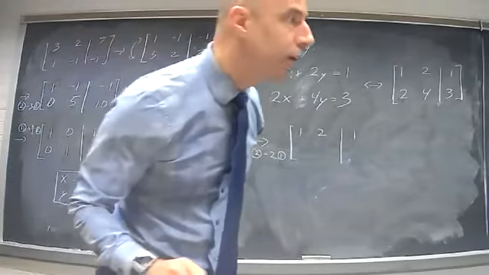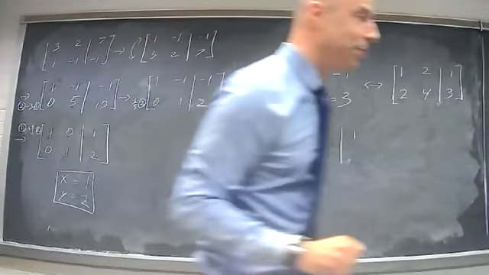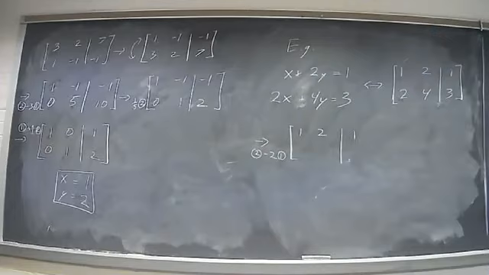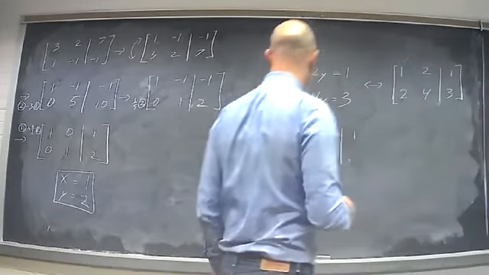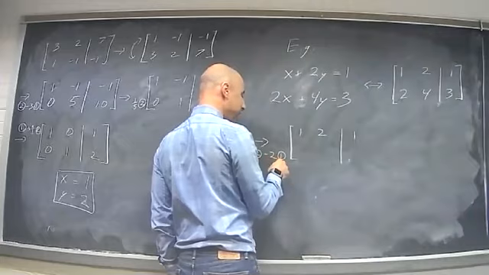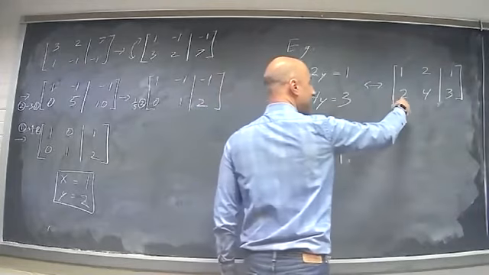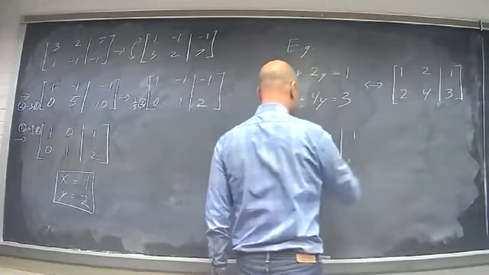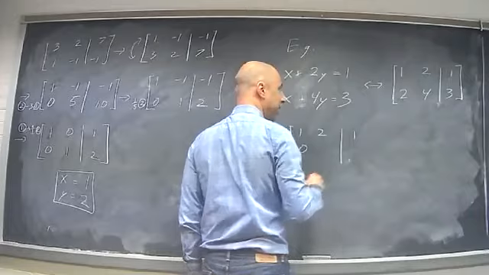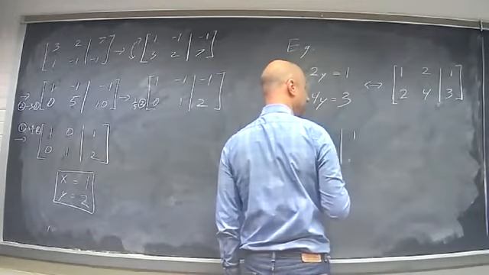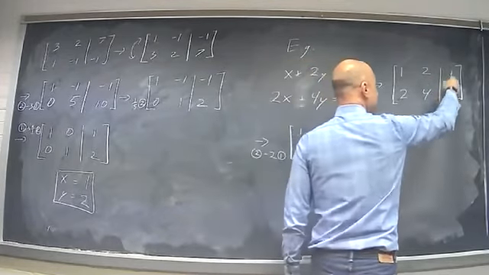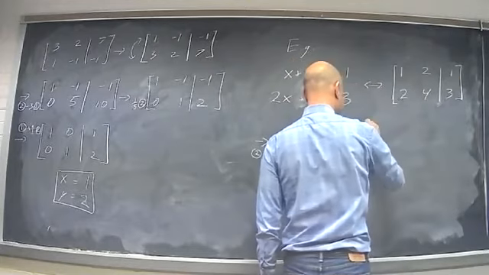Is that right? Yeah, that's absolutely right. Okay, so second row minus 2 times the first row. So this 2 minus 2 times 1 is 0. That's good. 4 minus 2 times 2 is 0. That's weird. And then 3 minus 2 times 1 is 1.